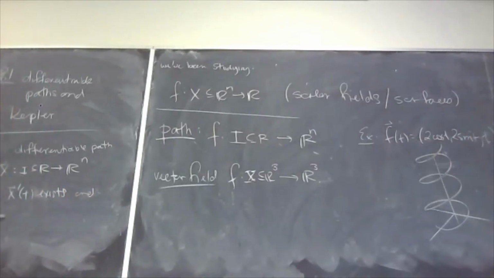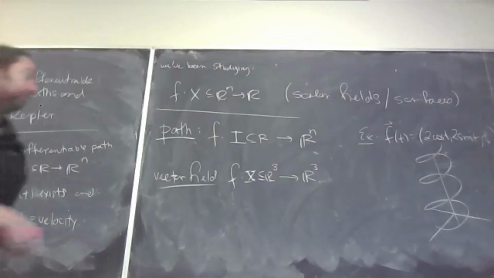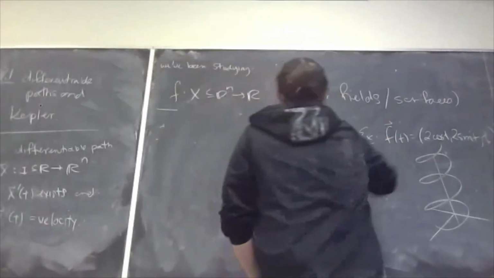Because this exists, we can call it, what's the derivative of position? Velocity, sweet. V of t. It's called the velocity. So if we have differentiable paths, then we have a notion of velocity, and we want that because velocity is going to help us keep track of how a path is turning in space.